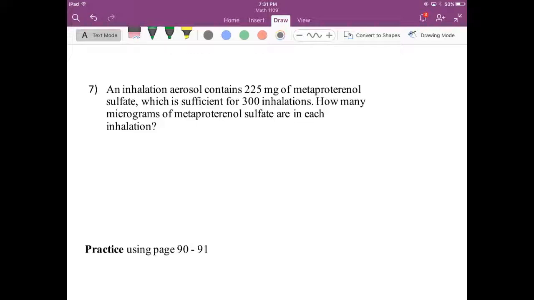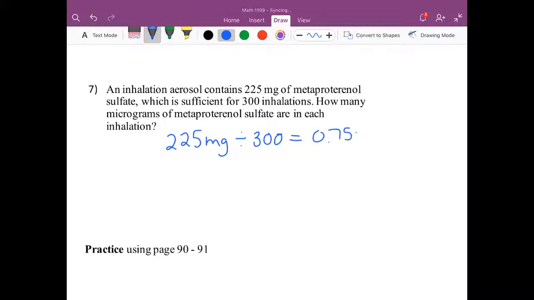So we're going to again do a division. So I have 225 milligrams divided by my 300 inhalations. Gives me 0.75 milligrams per inhalation.